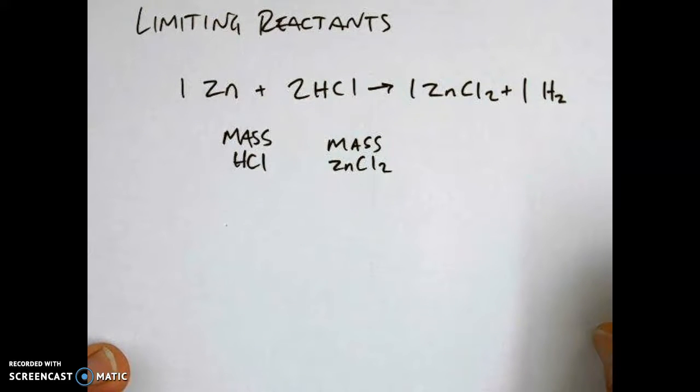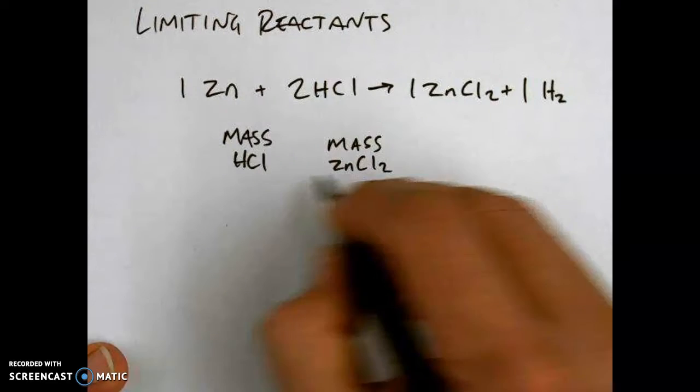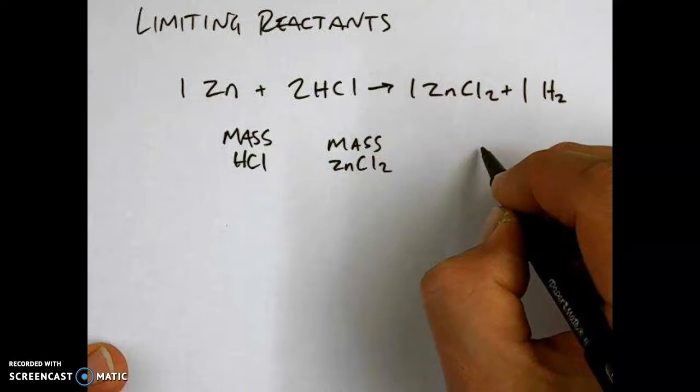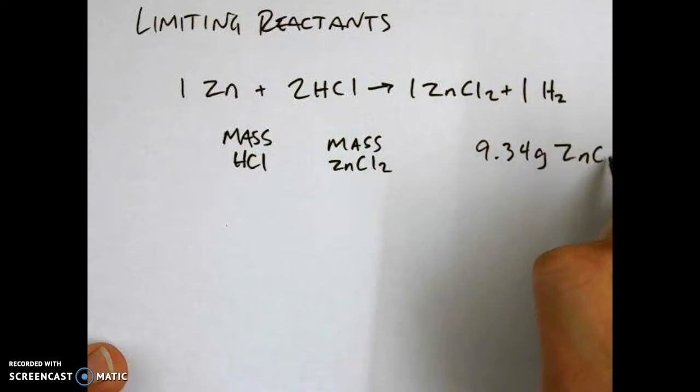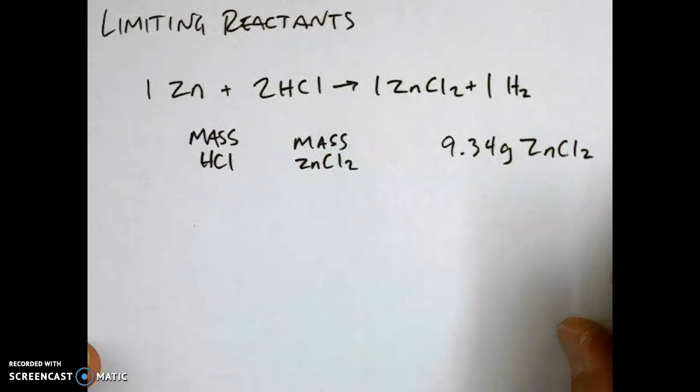That's the equation you had last night. And in your calculations, hopefully you found that it was 9.34 grams of zinc chloride. Is that the answer you got for yesterday's?